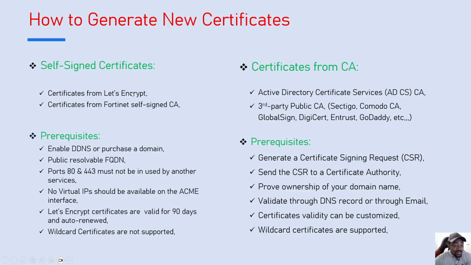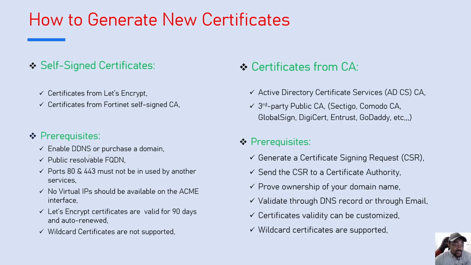Let's Encrypt combines with the protocol called ACME, the Automated Certificate Management Environment, and it will generate a certificate that you can use on your FortiGate device. Or you can also generate a new certificate signed by the Fortinet Certificate Authority also.